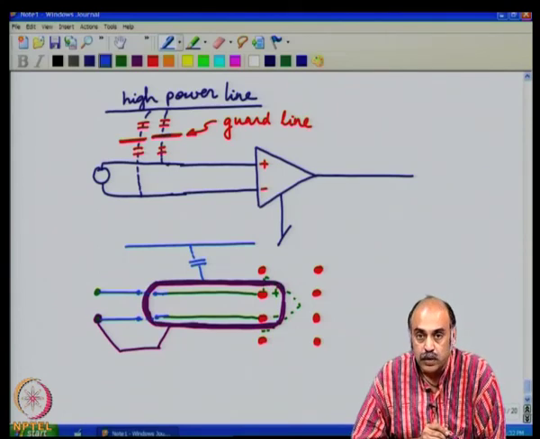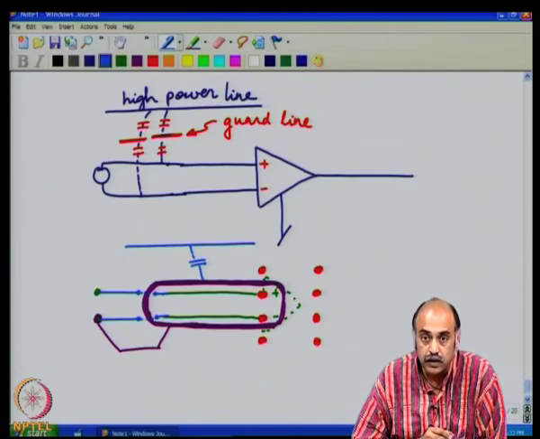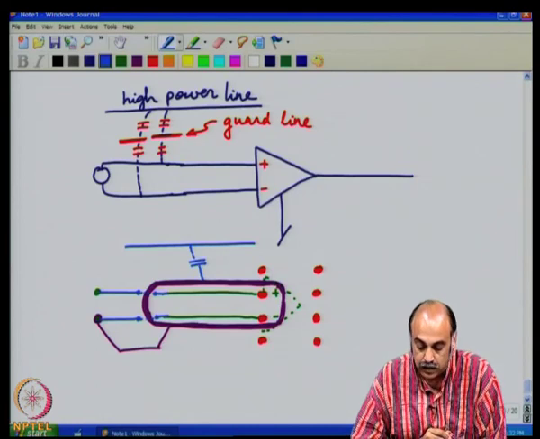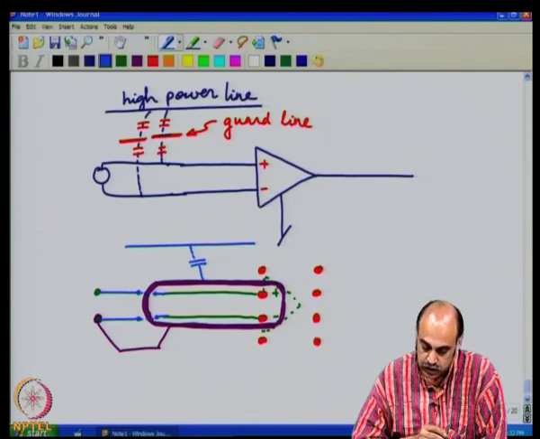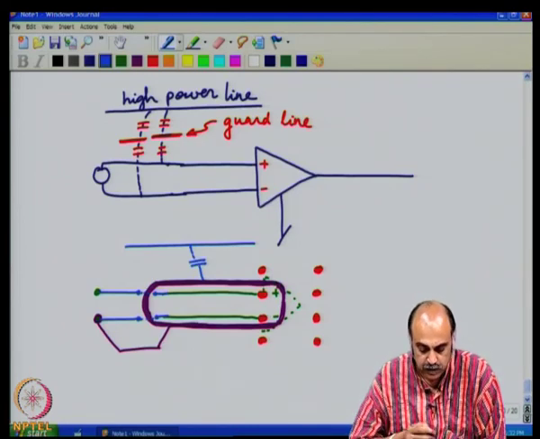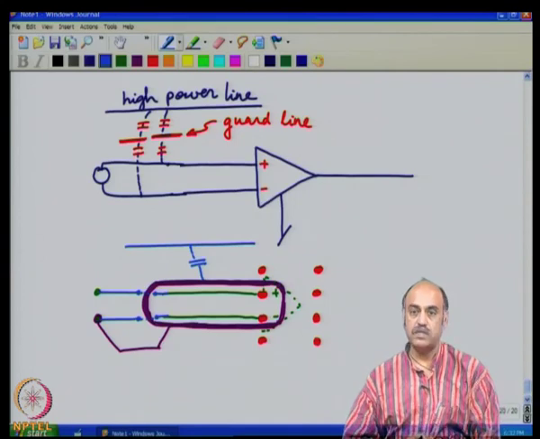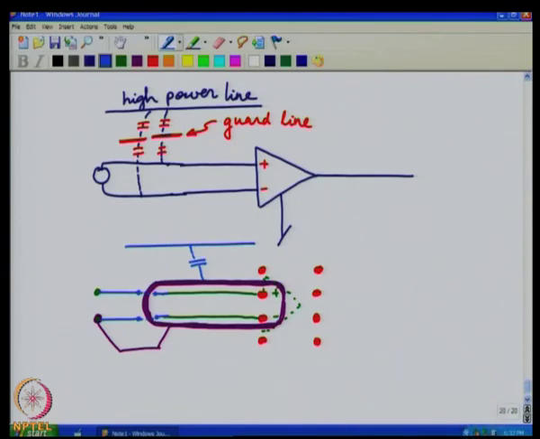This will improve the performance of a high precision difference amplifier to a great extent. So, you should try to use the guard concept not only here, even in high frequency cascode stages you could use the guard concept to reduce the capacitive coupling effects on the various amplifier stages.